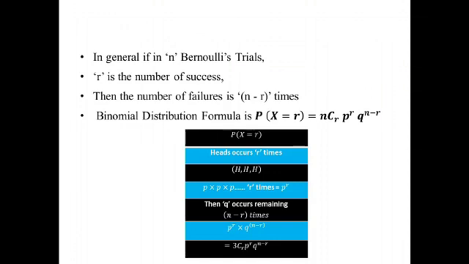where nCR denotes the number of times the head occurs in n number of trials. So the probability of x equal to R is the combinations possible, into the probability of success power R, into the probability of failure power n minus R. That's the binomial distribution formula.